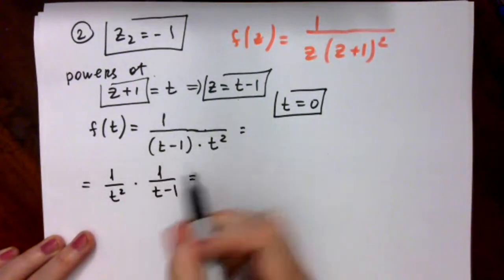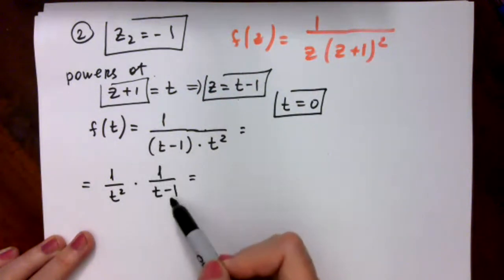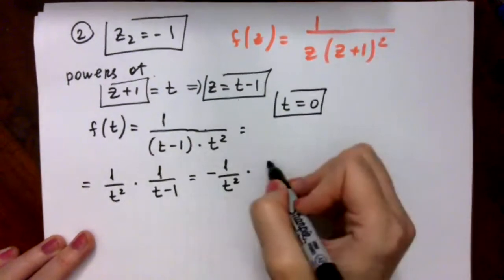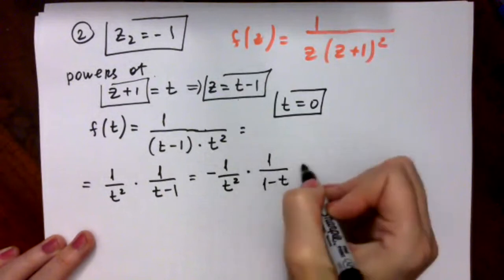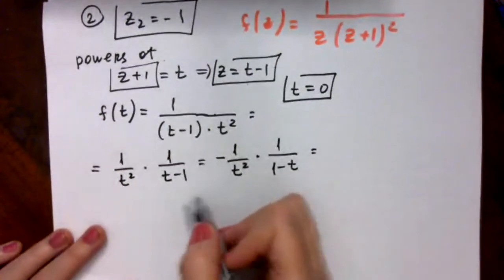Again, it almost looks like a canonical function, but with the difference that it should be 1 minus t. So it can be resolved very easily if you pull a minus sign out in front.